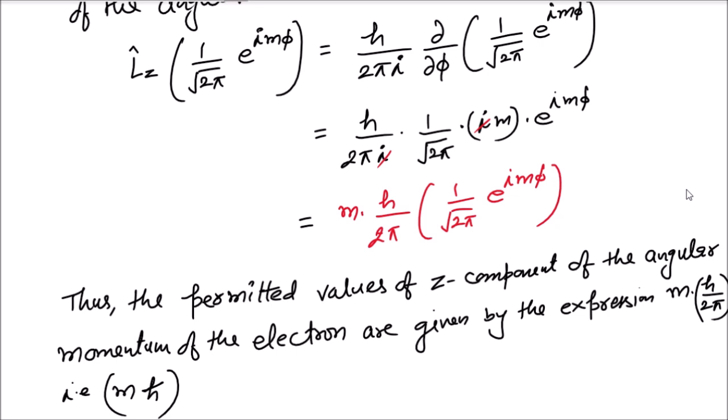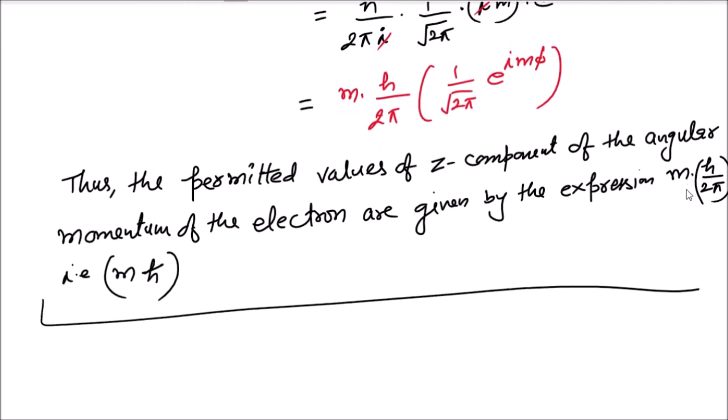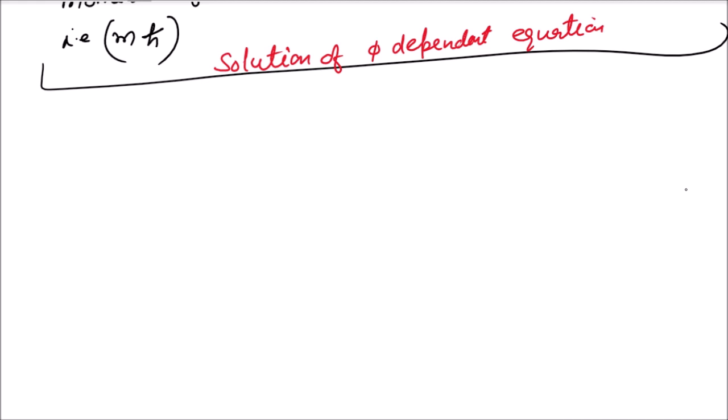So this is the solution of the phi dependent equation. Up to this, it is the solution of the phi dependent equation, the azimuth equation.